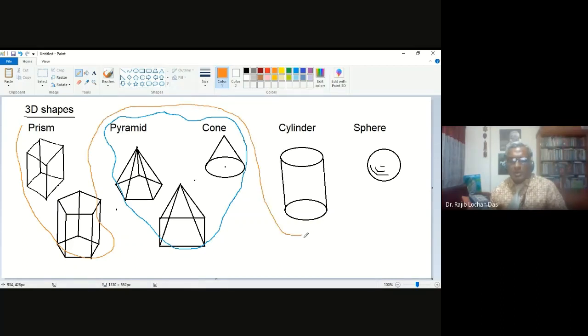Prism and cylinder will have exactly the same volume formula. And a different formula for sphere, because it is not like any other one. So in the next class, I will talk about the formulas for volume. Pyramid and cone will be a similar formula. Prism and cylinder will be a similar formula. And sphere is a different formula.